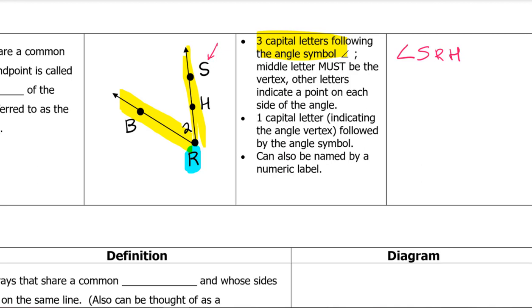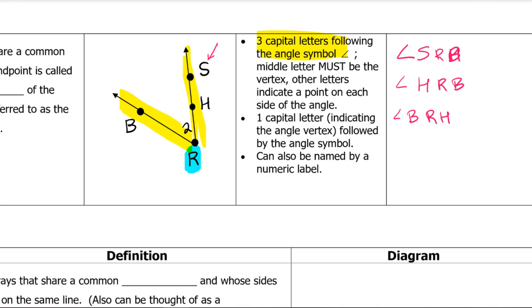Now, in that same spot, say we didn't want to start with S, say instead we wanted to start with H, we could say H, and then R, and then B. So that could be another option. And I put a B there, I forgot to write a B. And then HRB could be another option. We still have another option. Maybe we want to switch that around and start with point B first. R still has to be in the middle because that is our vertex. So we could do BRH.